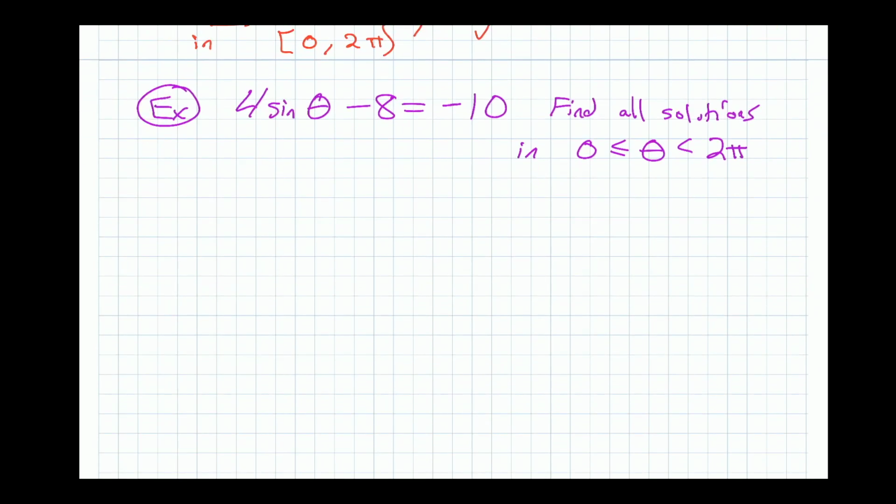All right. So how are you going to do this? What you do is you take the trig function and treat it like it's one single unit. Treat the trig function like it's just one single thing.